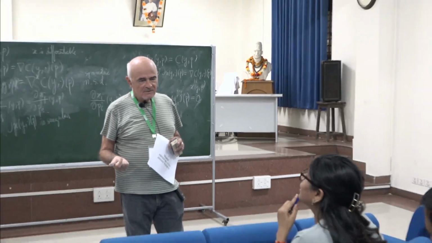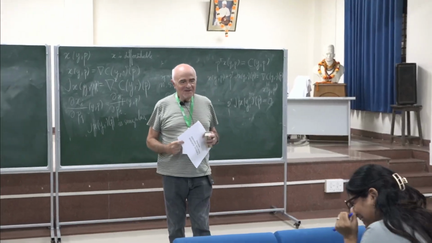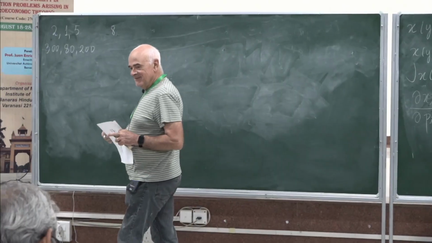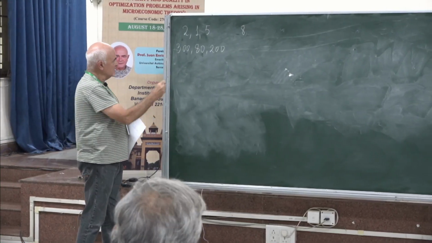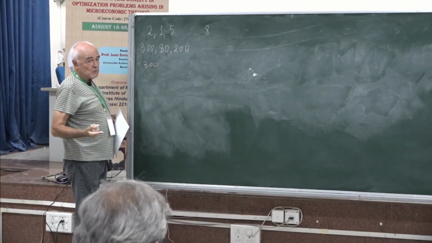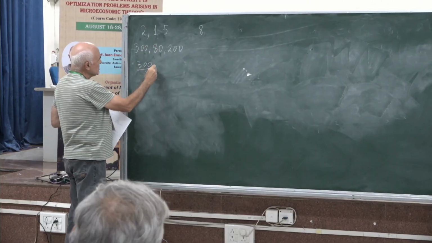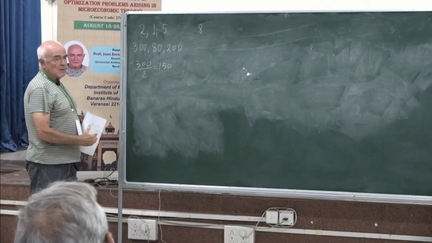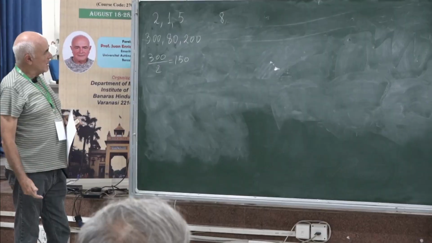Okay, no. I mean, because I have 300 liters of A, and I need 2 liters of A to produce 8 liters, with this I could only produce 150.